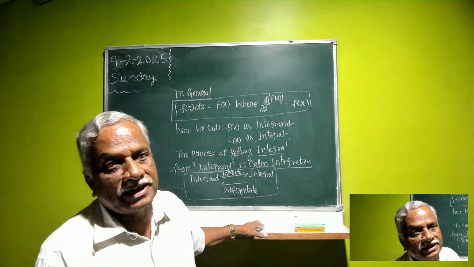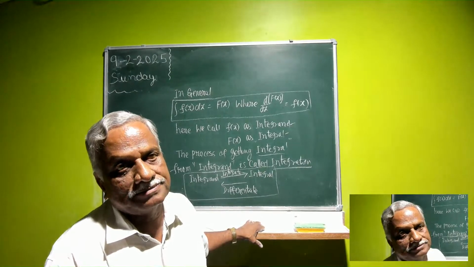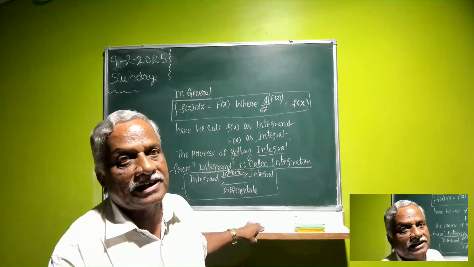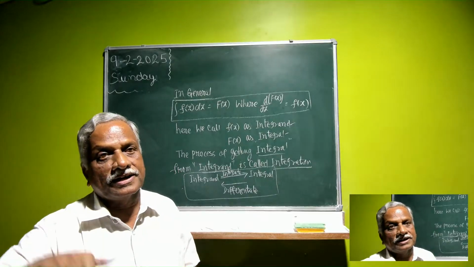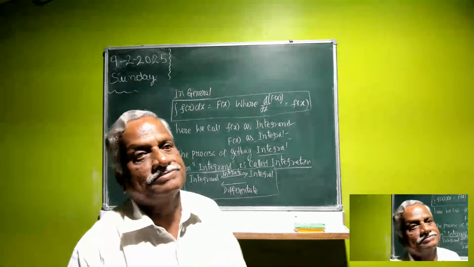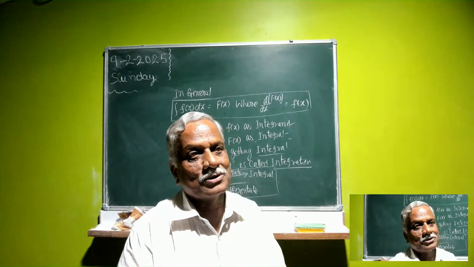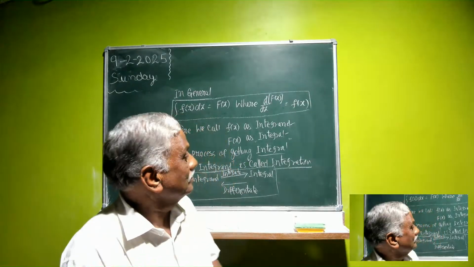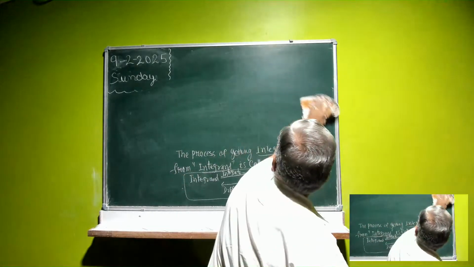Integrand is a function to be integrated, integral is the result, integration is a process. If you take the integral and differentiate, you get the integrand. Integrand on integration gives integral. This concept should be very, very clear. So let me put it in words or in symbols.